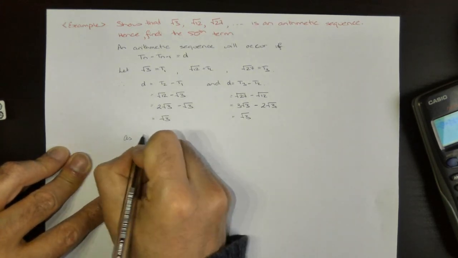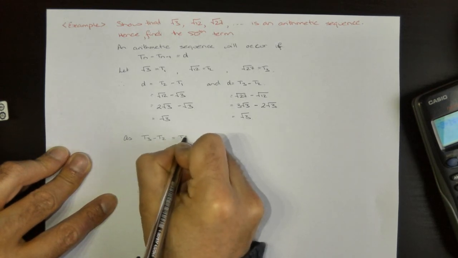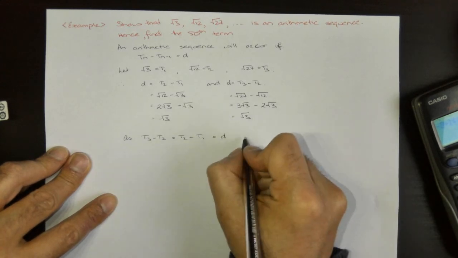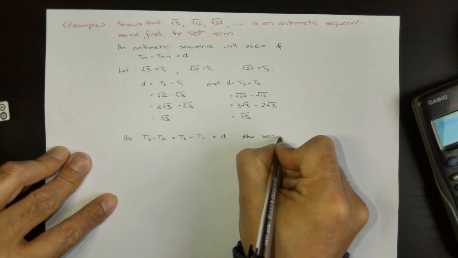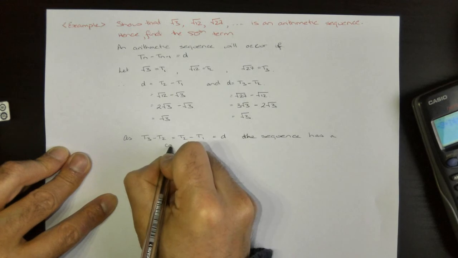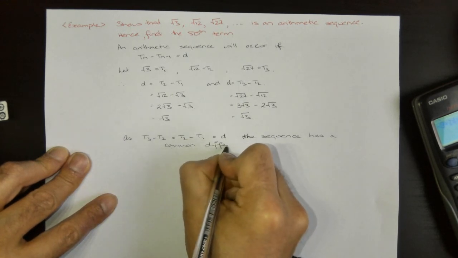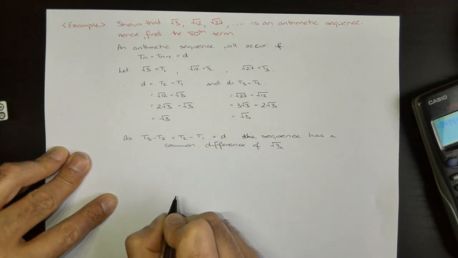So as T3 minus T2 is equal to T2 minus T1, which is equal to d, the sequence has a common difference of root 3.